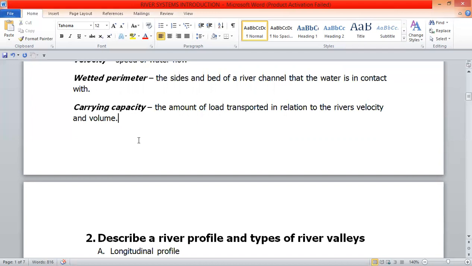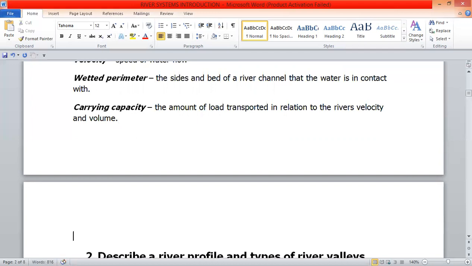We also have terms like tributary. Those are small streams joining a main river. So small streams that join a main river are called tributaries.